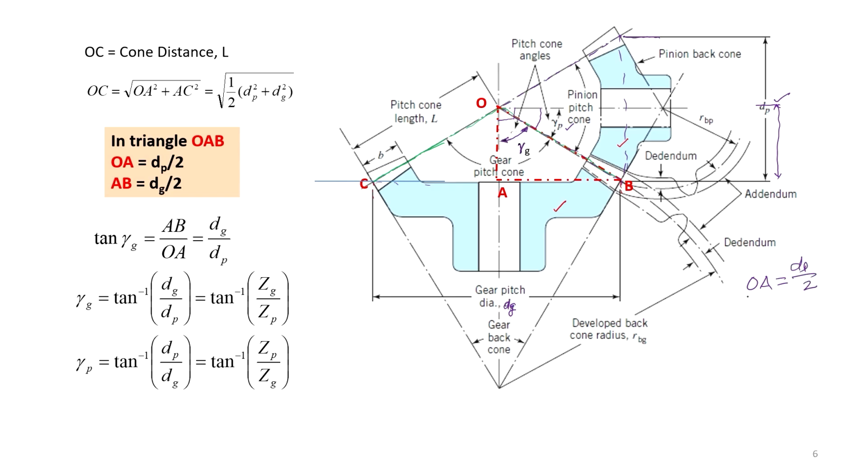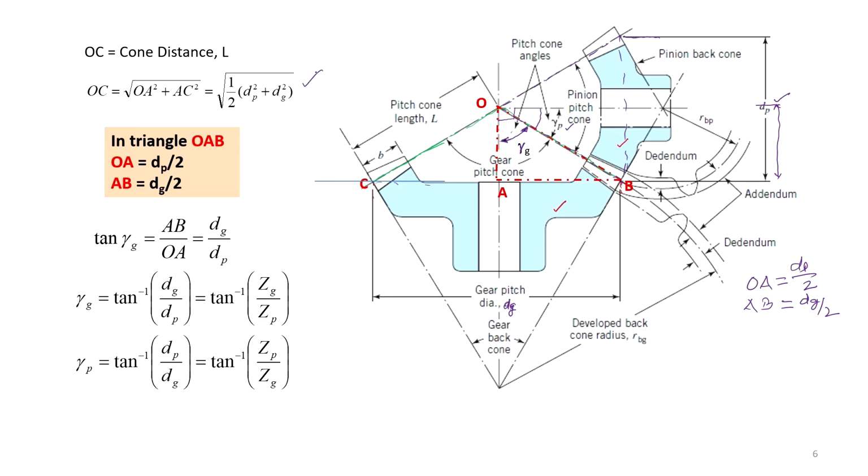Similarly, AB is half of the pitch diameter of the gear, so it is DG divided by 2. So, OAB is a right angle triangle, and so we can find OB knowing the values of OA and AB, that is given here.